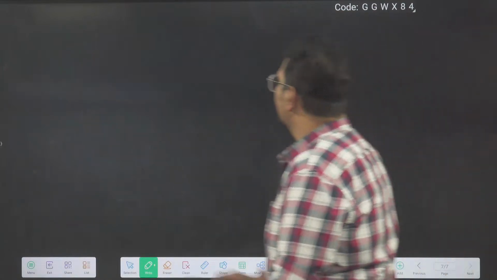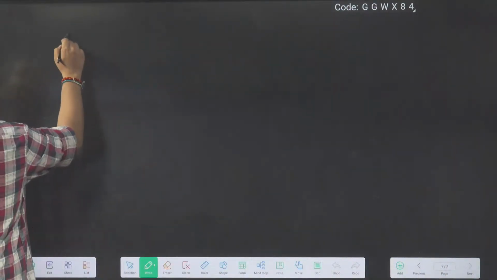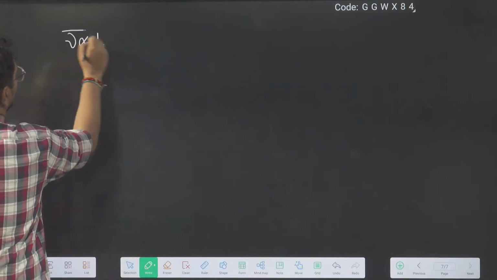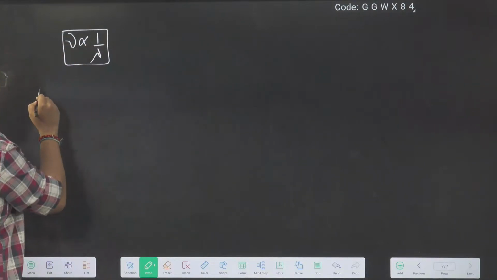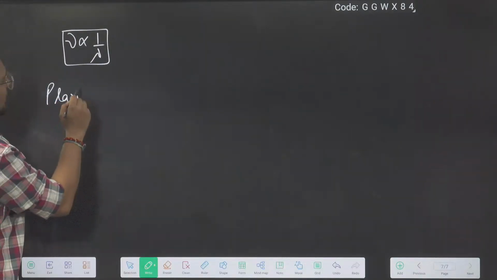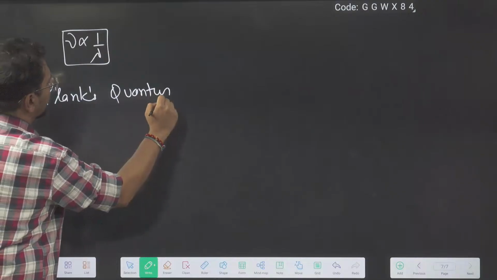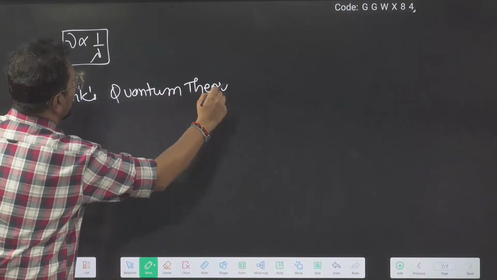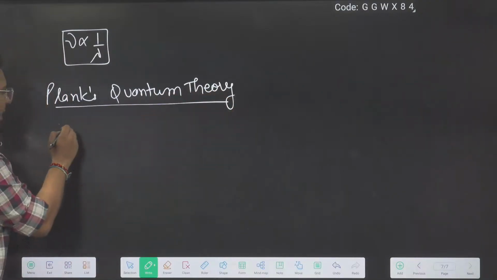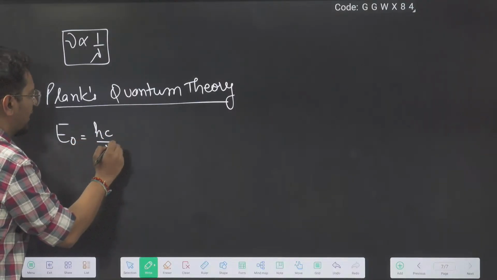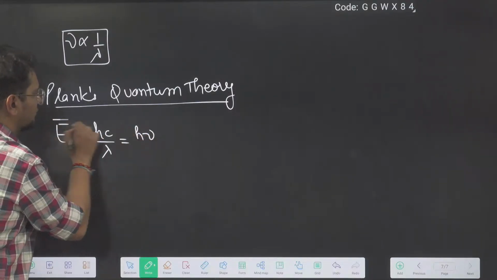Next thing. Understand, frequency is inversely proportional to wavelength. That is one thing. Also, according to Planck's quantum theory, we will see very soon, the energy of the photon is hc by lambda, that is h nu.